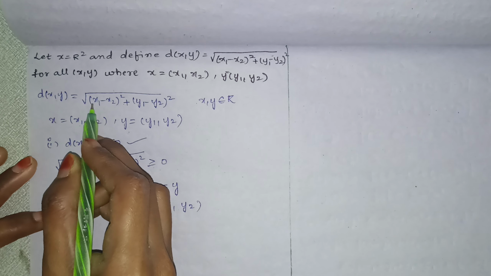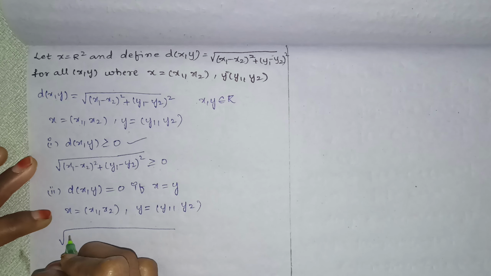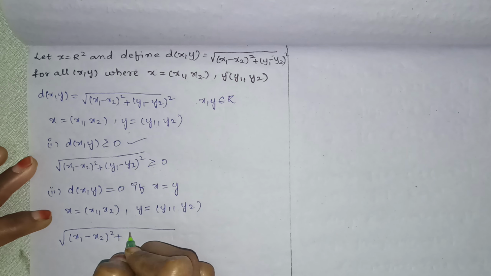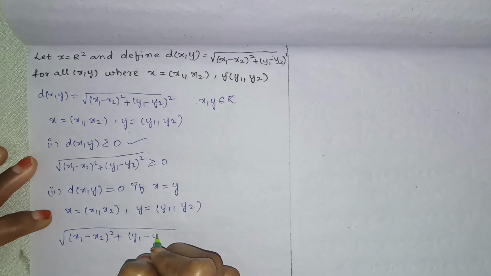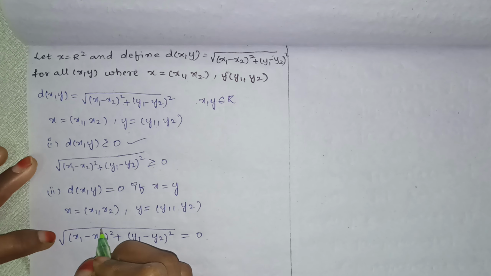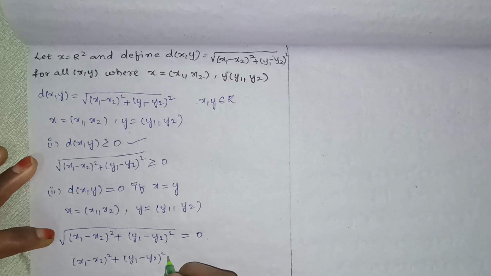So take d of x comma y, therefore under root (x1 minus x2) whole square plus (y1 minus y2) whole square equals 0. If the root is sent to the outside, then (x1 minus x2) whole square plus (y1 minus y2) whole square becomes 0.